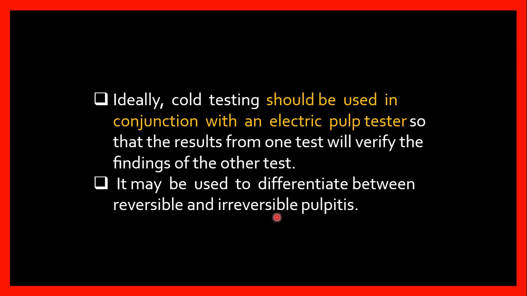The cold test usually indicates a vital pulp regardless of whether the pulp is normal or abnormal, whereas the heat test is suggestive of pulpal or periapical pathology that may require endodontic intervention.